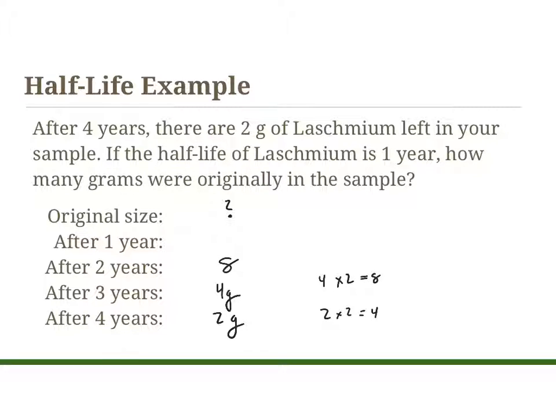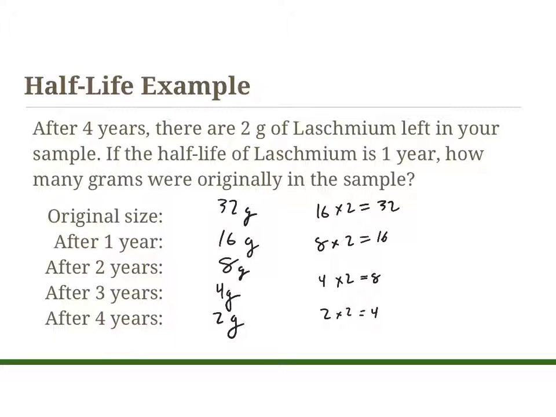So after 2 years, I had 8 grams of lashmium. And then I'm going to do the same thing to figure out after 1 year. So I'm going to take 8 times 2, which is 16. So I have 16 grams of lashmium. And then if I'm going to go back to my original size, I'm going to take 16 times 2, which is 32. So now I know the answer is, in this case, 32 grams.